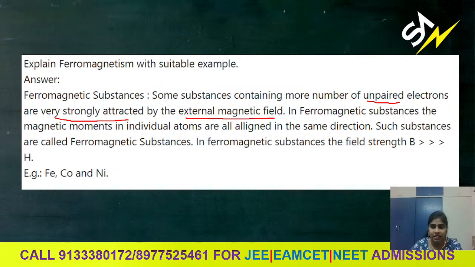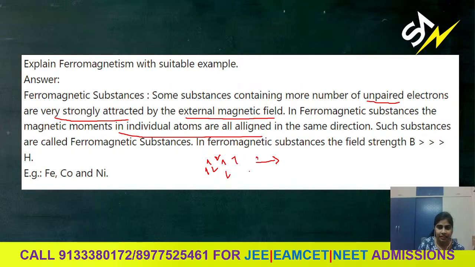So what happens in these ferromagnetic substances? The magnetic moments of the individual atoms are aligned in the same direction. For example, before applying the magnetic field, all the electrons will be in a random way in the substance.